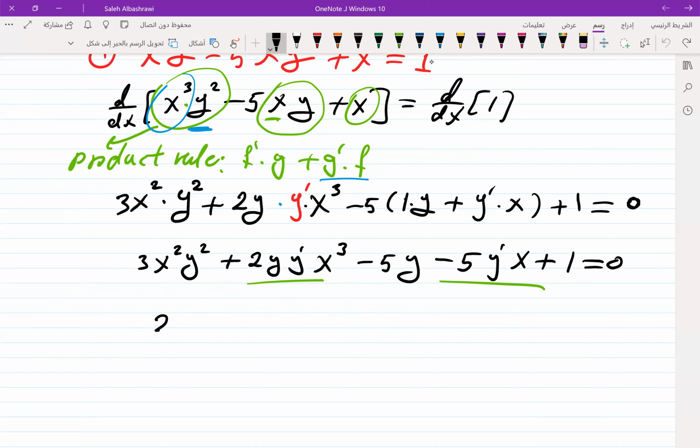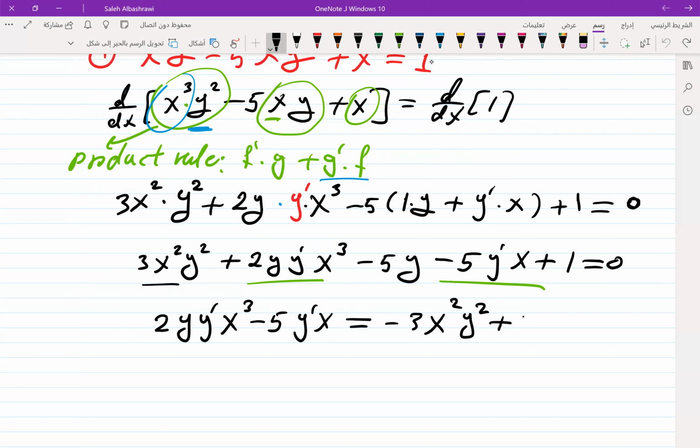So I will have 2y prime x to the power 3 minus 5y prime x equal to, moving it to the other side, minus 3x squared y squared plus 5y minus 1. We moved these terms to the right hand side, changing the sign: minus 3x squared y squared plus 5y minus 1.